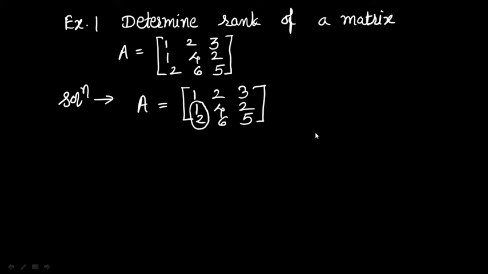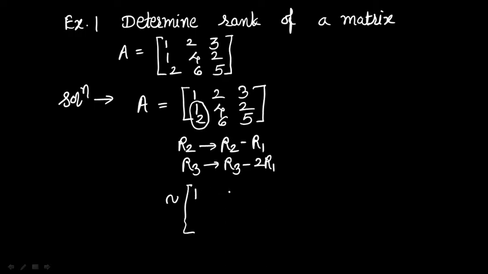Therefore the row operations are R2 changes to R2 minus R1, and R3 changes to R3 minus 2 times R1. We form 0 here.